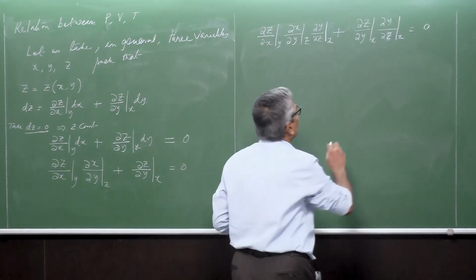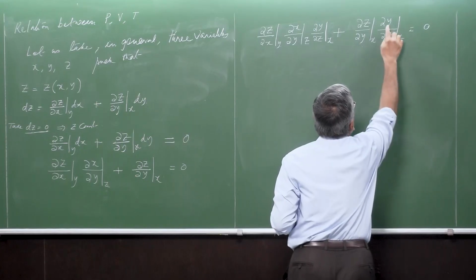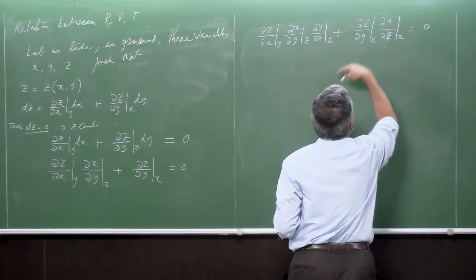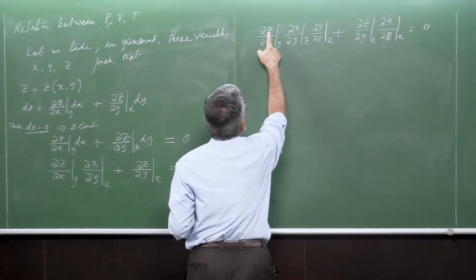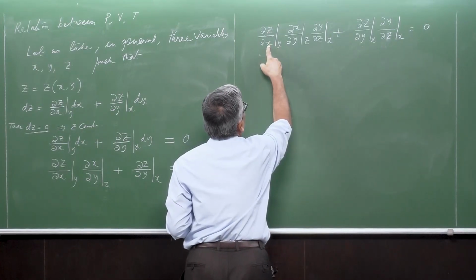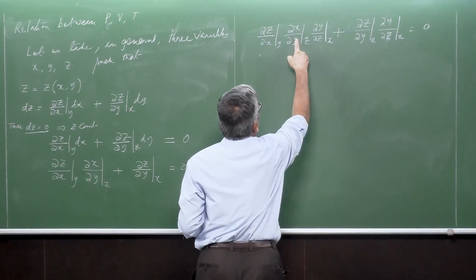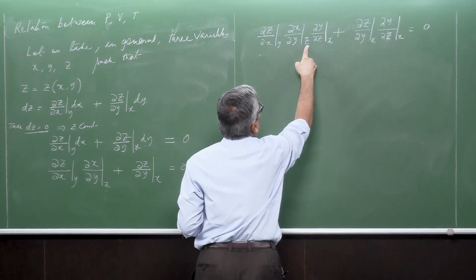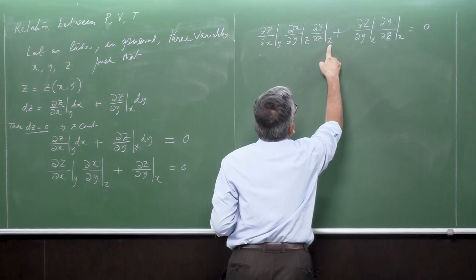So this is the relation, and you can see that del z del y and del y del z ultimately become 1, and there is a symmetry in this relation: z differentiated with respect to x at constant y, x with respect to y at constant z, y differentiated with respect to z at constant x.